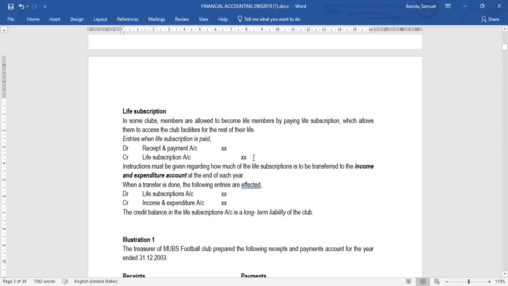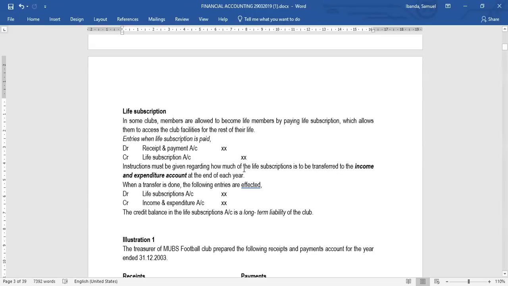Now, the life subscription account is more of a liability to us. The reason why we call it a liability is, remember, we've not yet got into the financial period. This person is paying in advance for the rest of their life, so it's more of a liability to us.